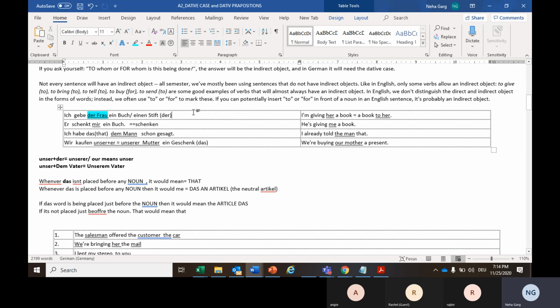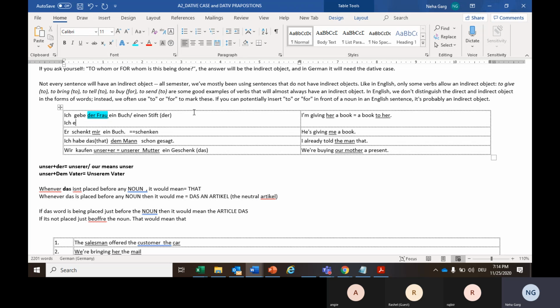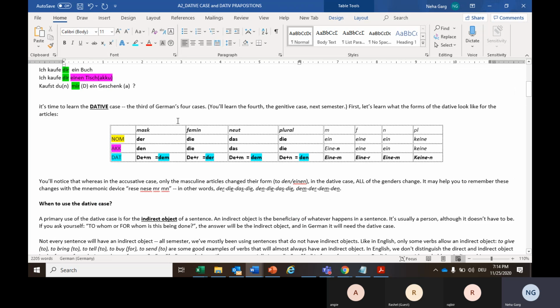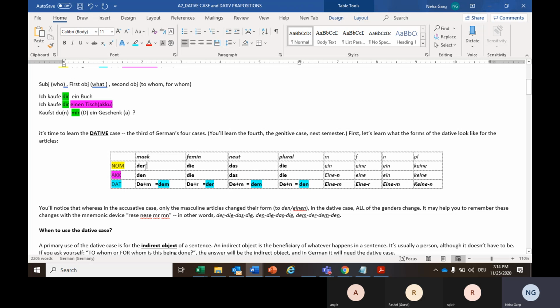Let's say if I would have written, ich gebe, if in the same sentence there had been a man instead of Frau, then I would have written, ich gebe dem Mann ein Buch, because here man is der Mann, so der will change to dem in dative case.